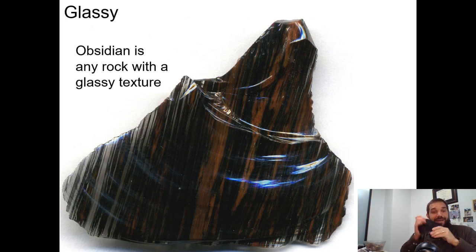This material will make a blade that is sharper and harder than steel. So for surgeries, where you want a super sharp scalpel, they still use obsidian scalpel blades. You actually get it sharper than metal.